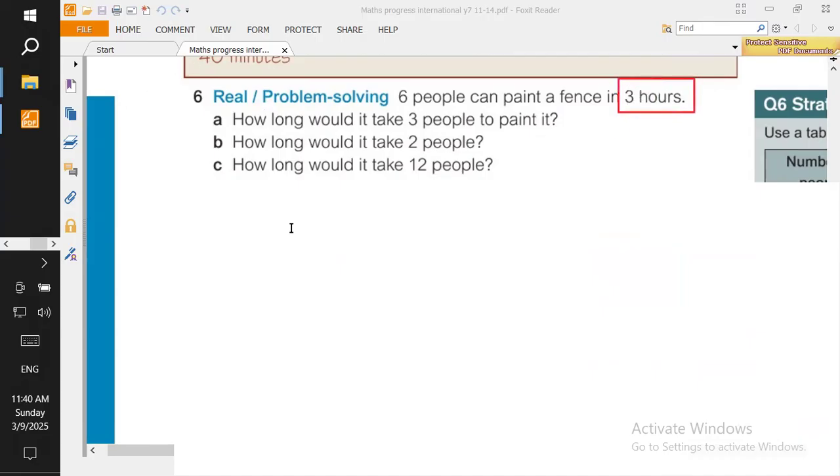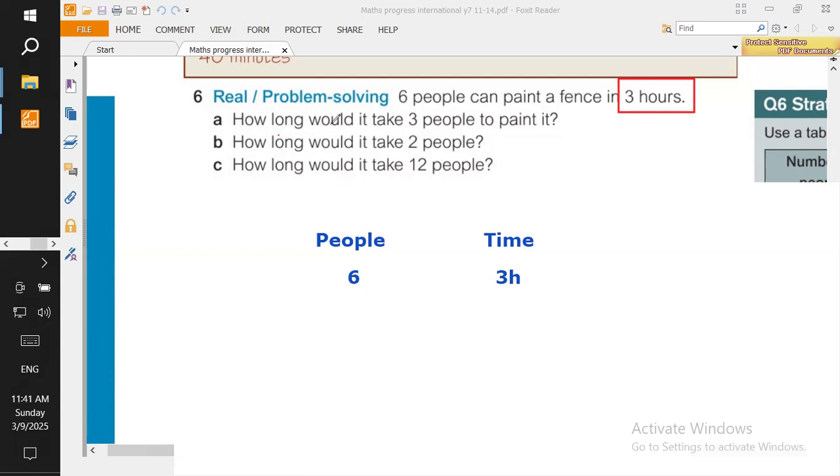So let's put them here. 6 people, let's write people here, people and time. So 6 people will take 3 hours to paint the fence.